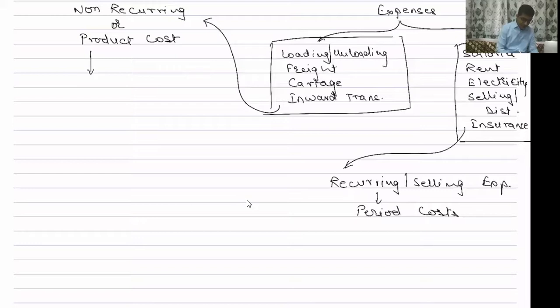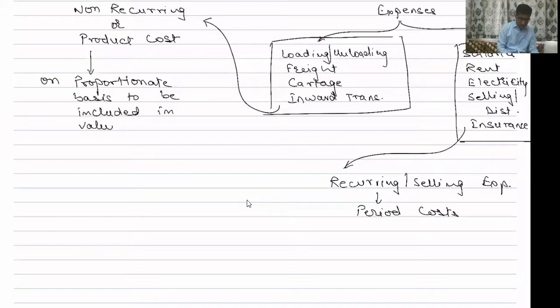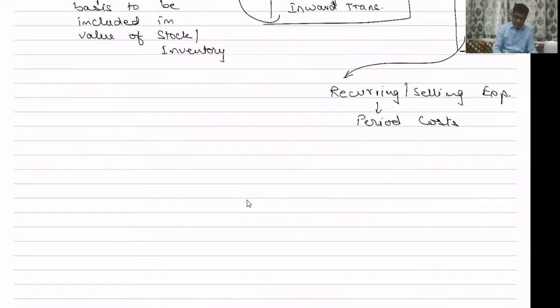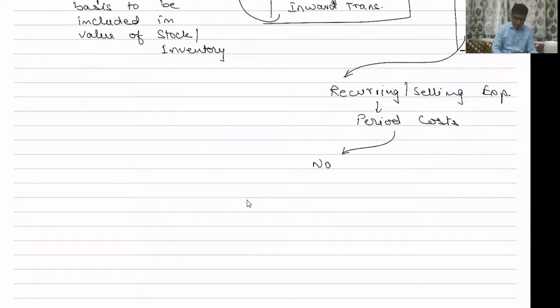So these proportionate cost on proportionate basis to be included in value of stock or inventory, right? Whereas these being recurring or non-selling expenses not included.